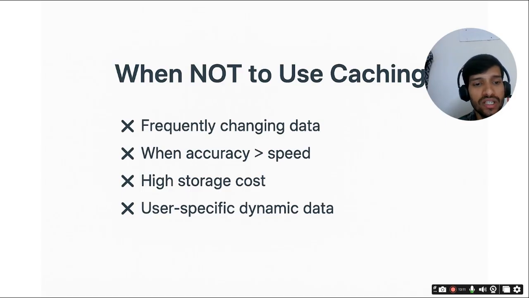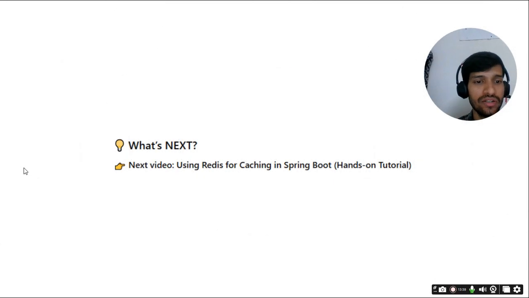When we are more concerned with accuracy than speed, we do not use caching. And when caching storage cost is heavier, we will not use caching. With this kind of decision, we need to decide when to use caching and when not to. So that's all about the video.